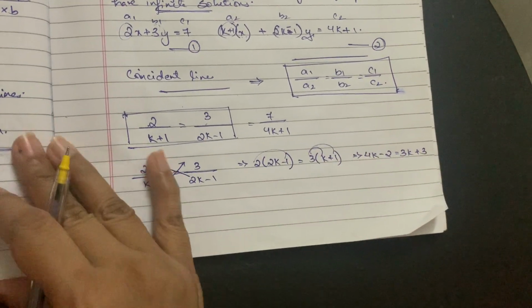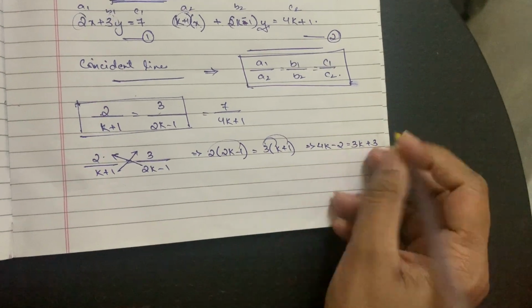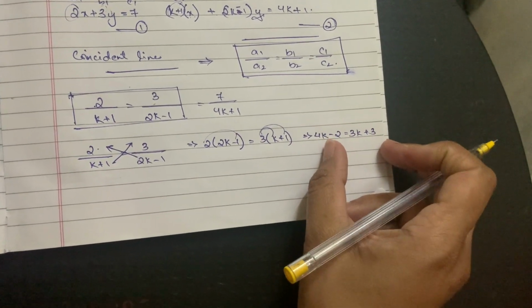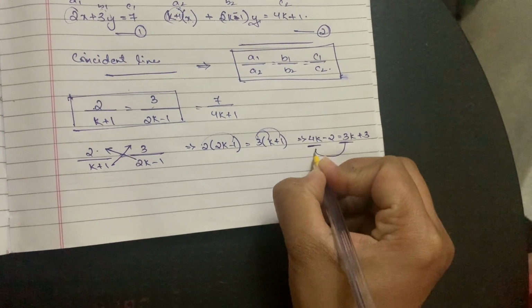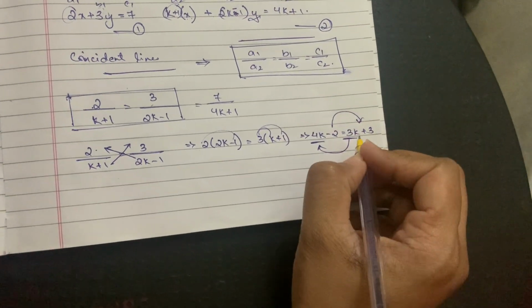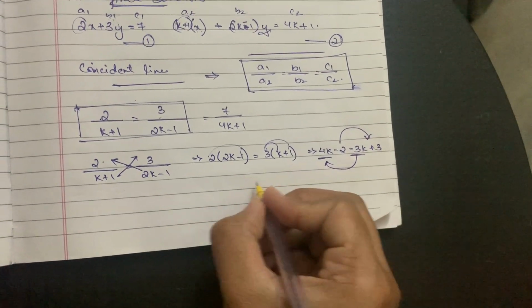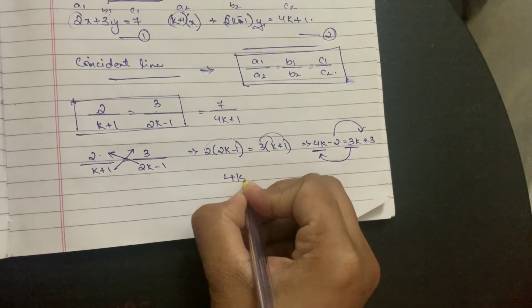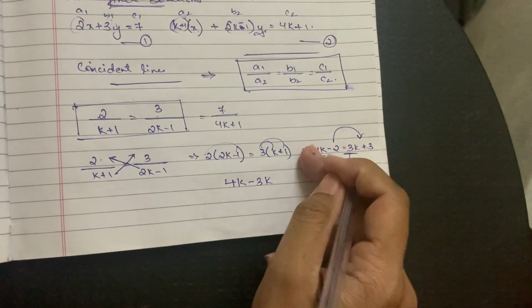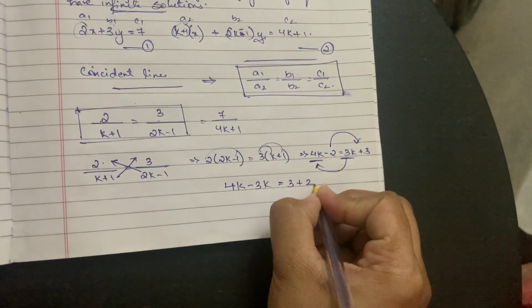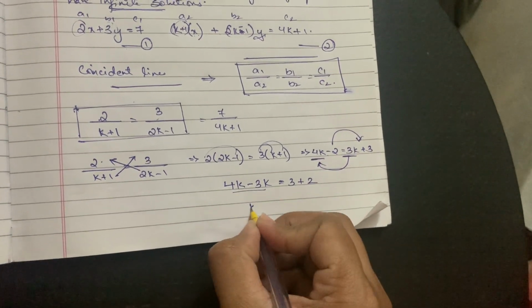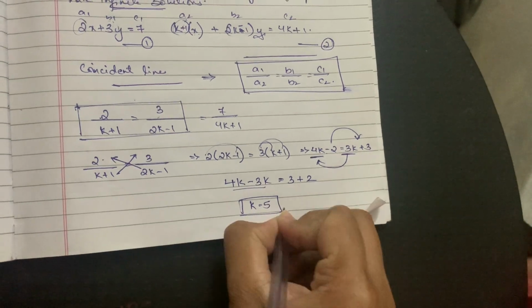Then I need to bring all the terms to one side to simplify it. All the k's come to one side and the numbers go to the other side. So I have 4k minus 3k is equal to 3 plus 2, so here k is equal to 5.